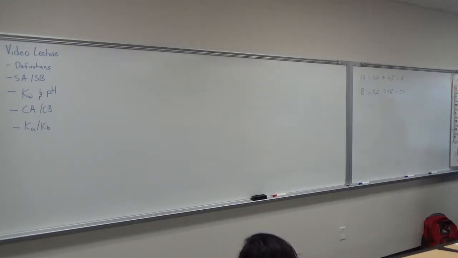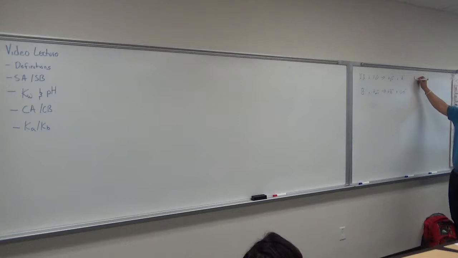When we talk acid-base equilibrium, what you should be familiar with is that the Keq for this reaction is products, H3O plus, A minus, over reactants, HA and H2O.